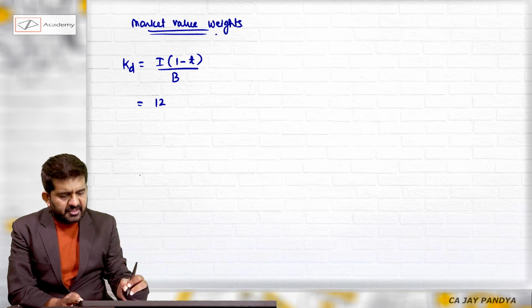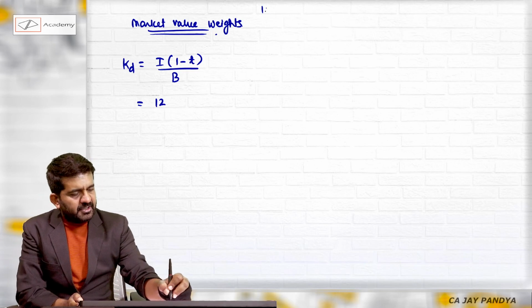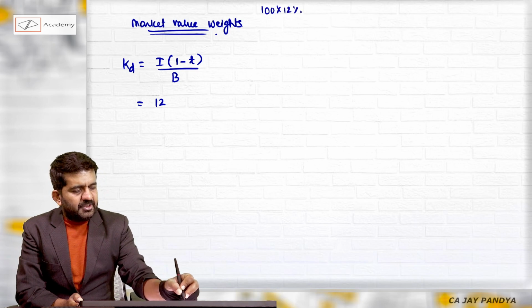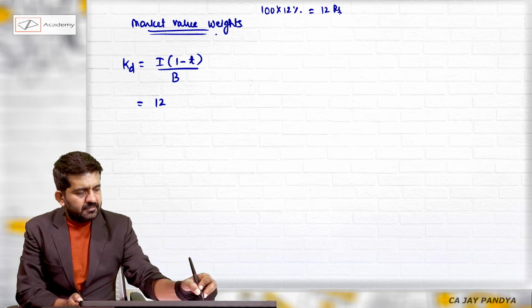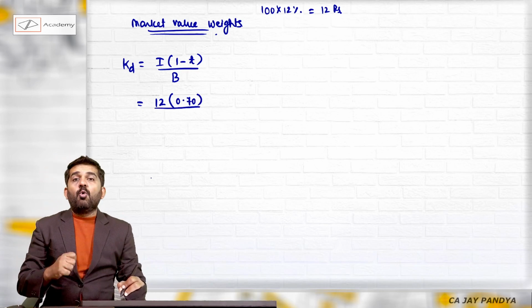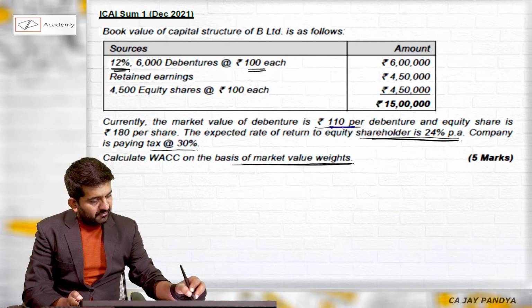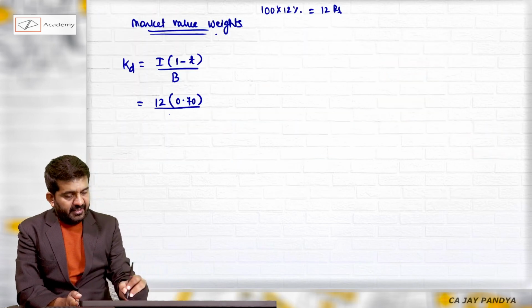What is interest rate on 100 rupees? The face value is 100. Interest rate is 12%. So 100 into 12% will be nothing but 12 rupees. Into 1 minus T is 0.70. Upon what will be borrowings if I am issuing the shares today? The market value, which is not 100, which is 110.